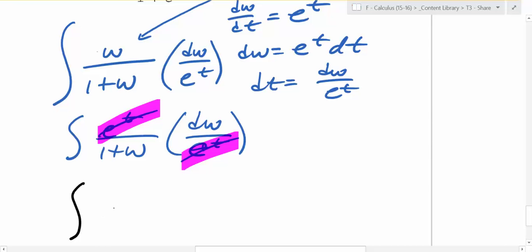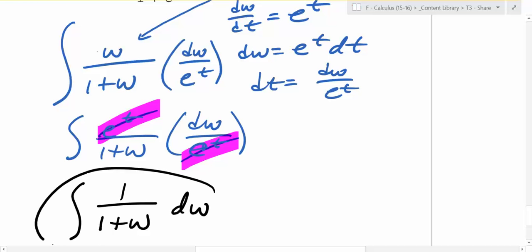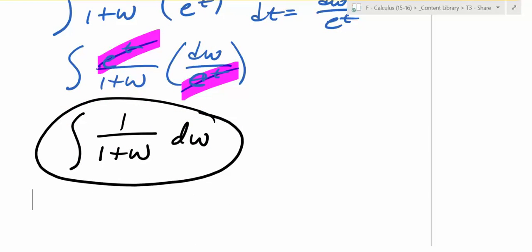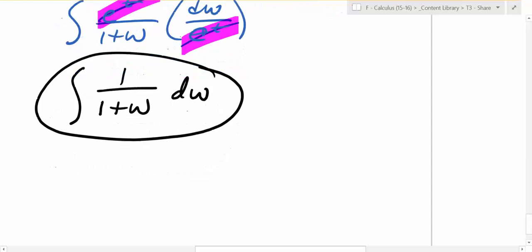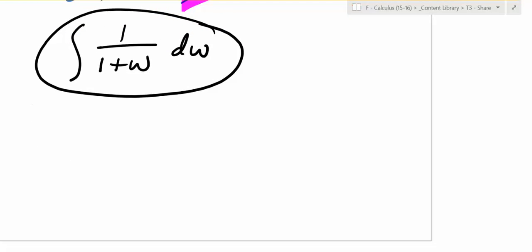So what are we left with? The integral of 1 over 1 plus w. How many variables are there? Is that a good thing that there's one variable? Yeah, it is. So if we want to integrate this, how could we rewrite that to make it nicer? 1 plus w to the negative 1.